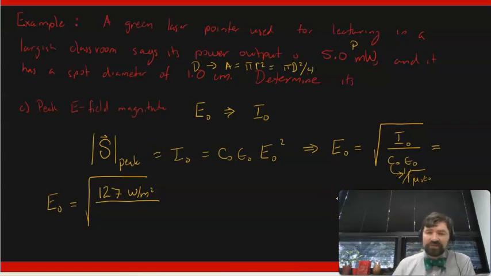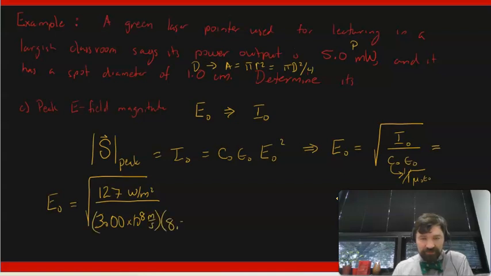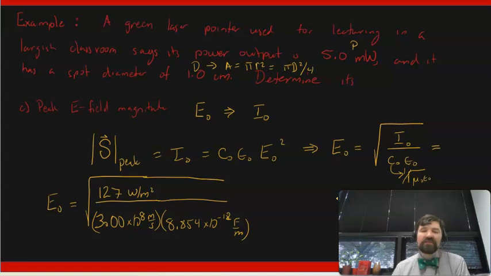How you want to plug it into your calculator is up to you. Since I've written it this way, I will write it down in this way. So this is roughly 3 times 10 to the 8 meters per second for c naught, and 8.854 times 10 to the minus 12 farad per meter for epsilon naught.